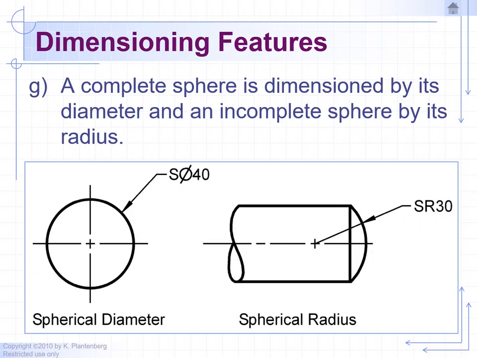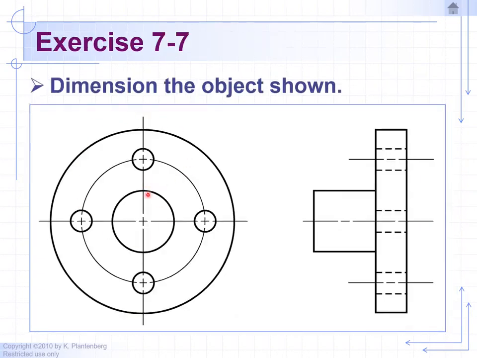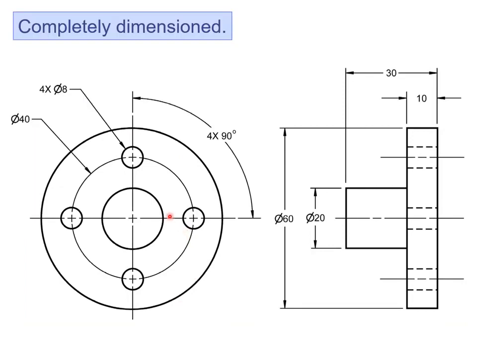Next slide. Okay, so here we have a front view of a circular shape and the right side view, which is referred to as the rectangular view. Let's take a look at how we dimension circular features or holes. So here we have holes on a circular pattern. Let's take a look at the next slide. Okay, let's take a look at the hole.